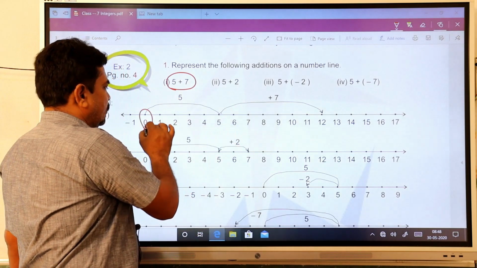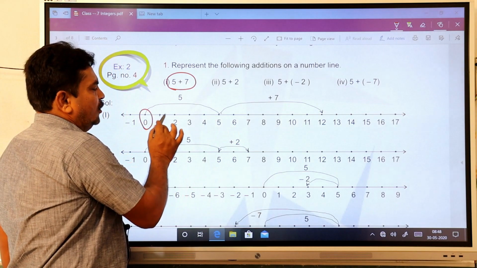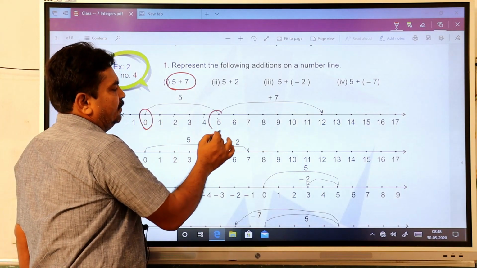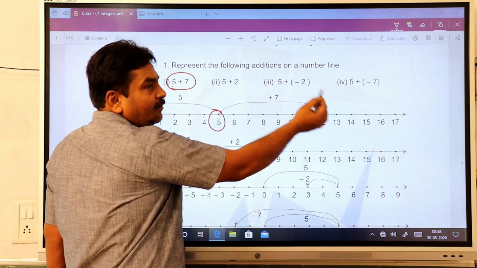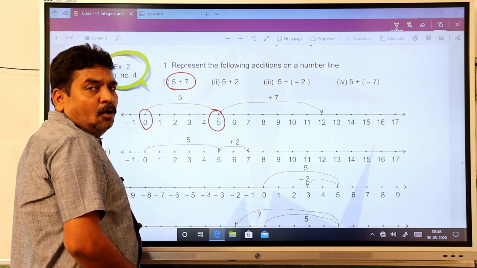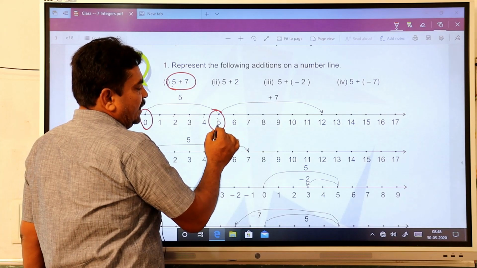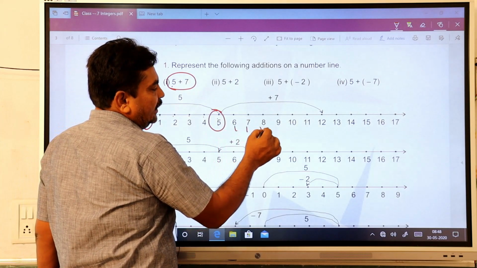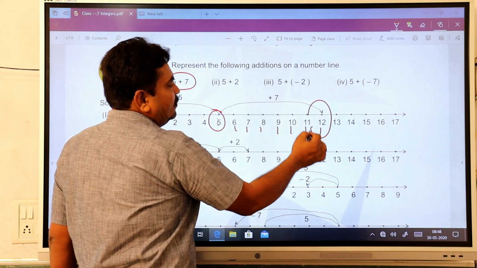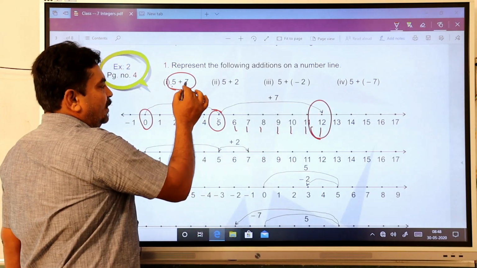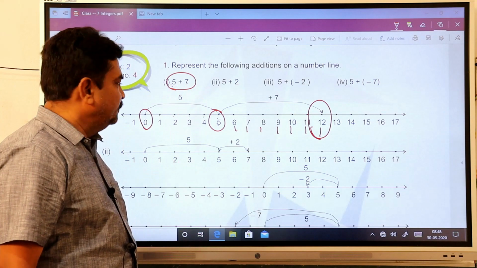See here, 0, 1, 2, 3, 4, 5. This is 5 plus 7. So from here you have to add 7 more numbers to it. That is after 5, 1, 2, 3, 4, 5, 6, 7. So 5 plus this 7 becomes 12. Therefore 5 plus 7 becomes 12.